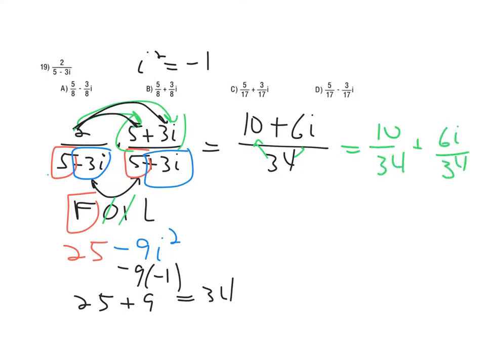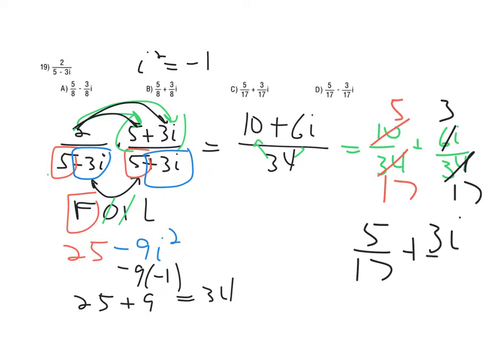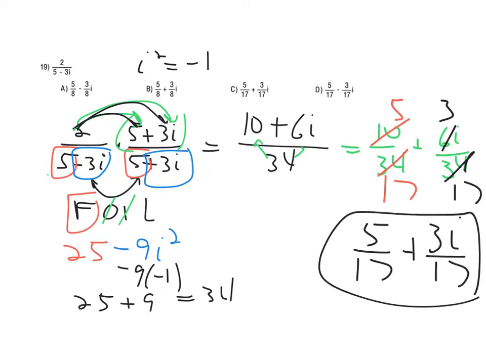And then 2 goes into 10 5 times, into 34 17 times, so I get 5/17, plus 2 into 6 is 3 times, 2 into 34 is 17 times, so 3i over 17, or 3/17 i. So that's why my answer is letter C.